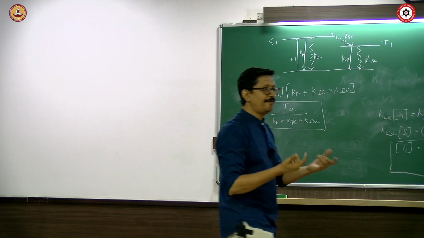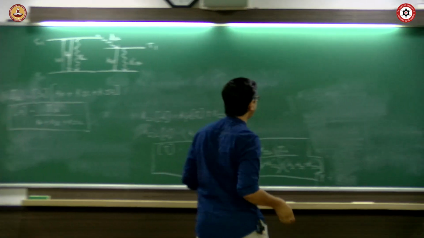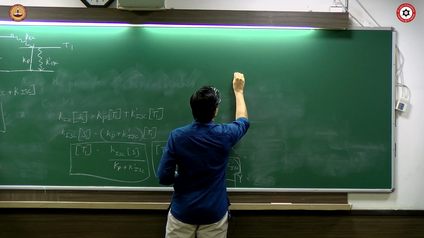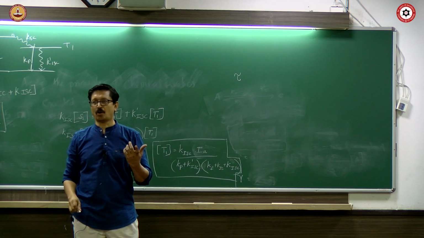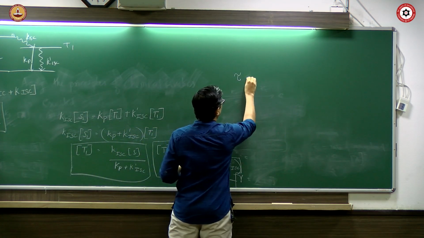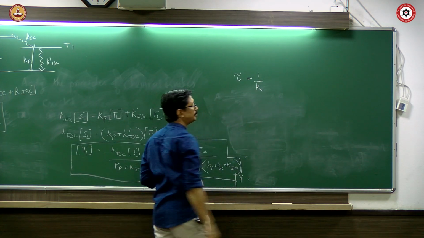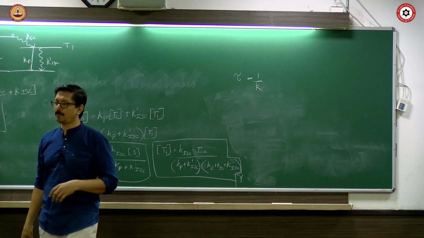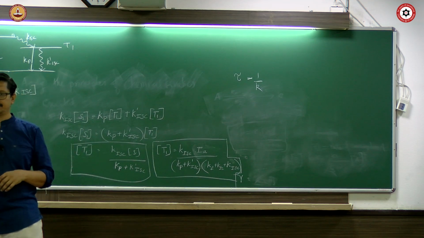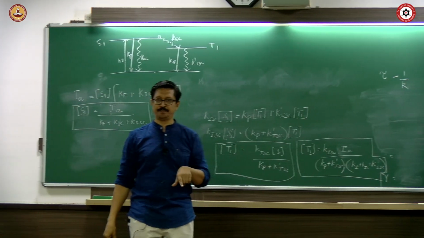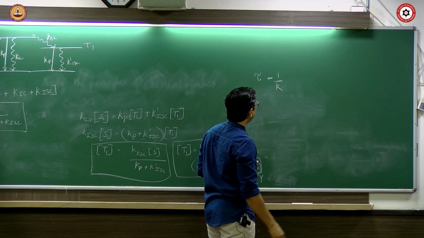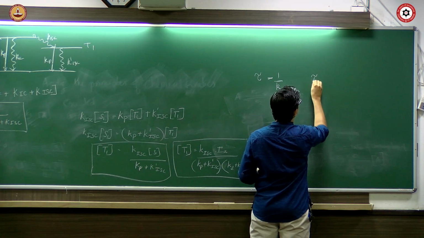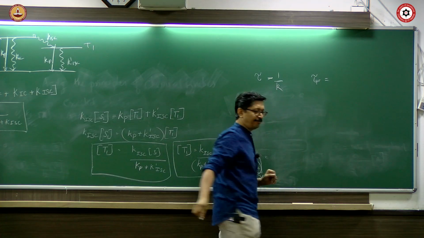It's an average time that it spends in the excited state, and that lifetime in excited state chemistry is normally represented by a Greek letter called tau. So tau and the rate constants are inversely proportional, right? 1 by k, or k is equal to 1 by tau. That's a relation. So now, suppose I want you to write the expression for tau f.